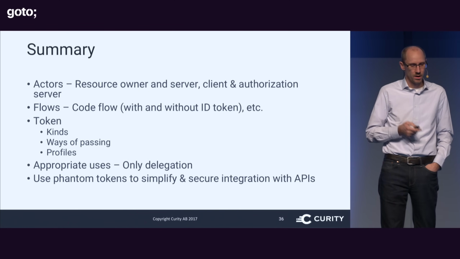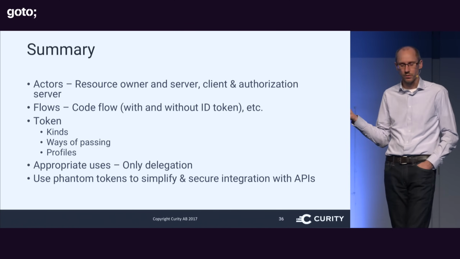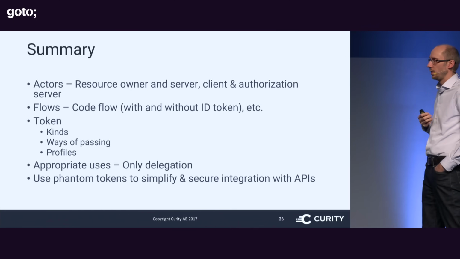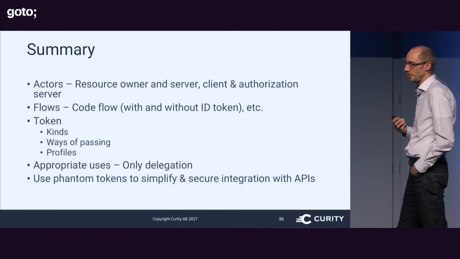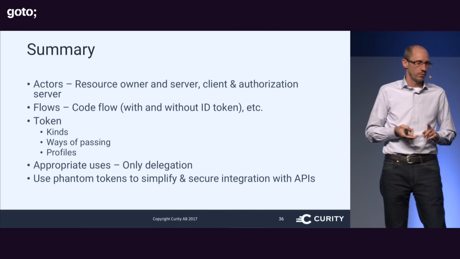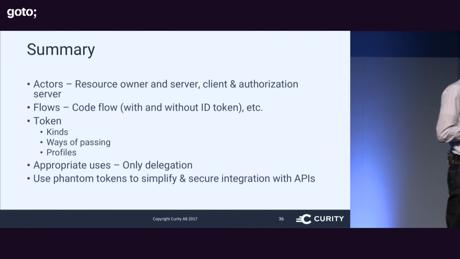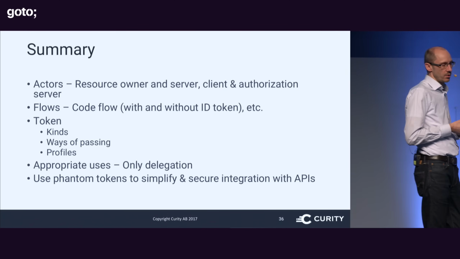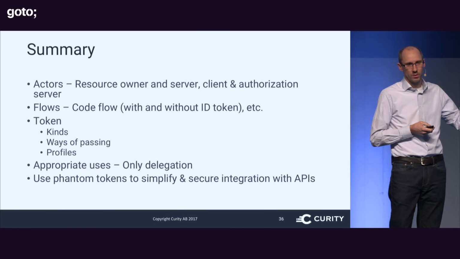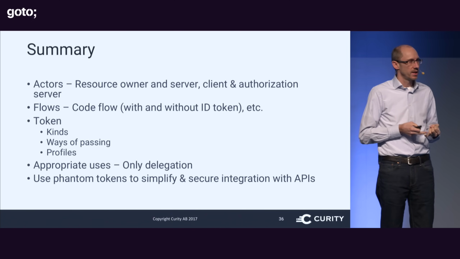So, summary. There are various actors in OAuth. We have the resource owner and the resource server. We have the client. We have the authorization server. We have various flows. I went through the code flow, but there are others like implicit flow and hybrid flow, and various others like revocation, which I didn't have time to go into, but at least we talked about the code flow. We saw how that works with OpenID Connect as well. We saw different kinds of tokens.